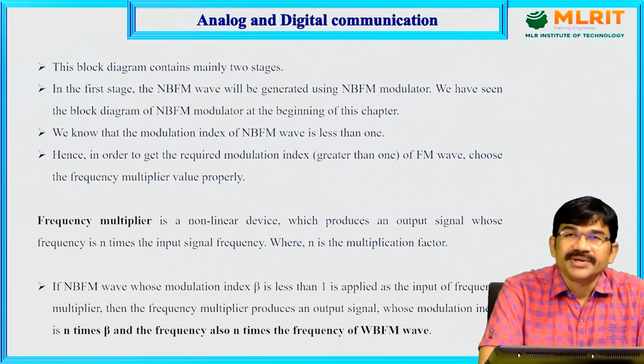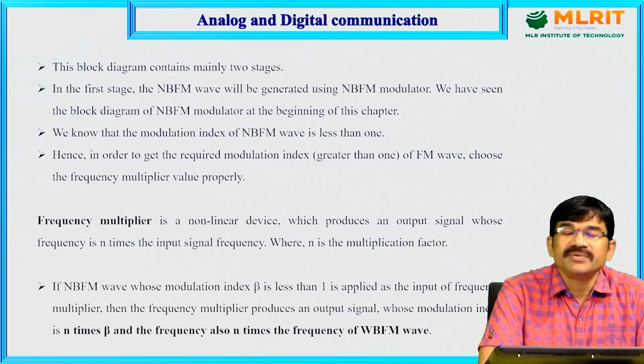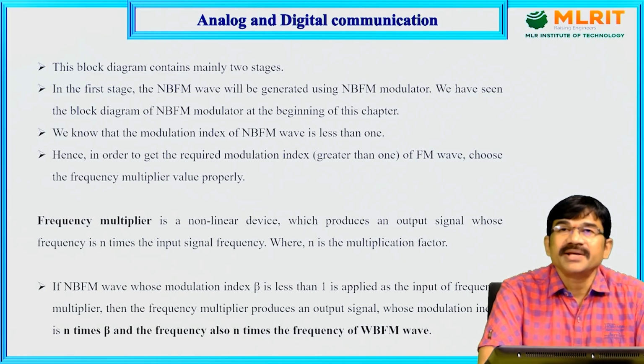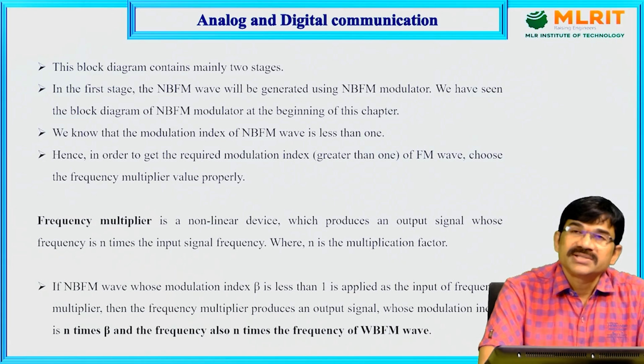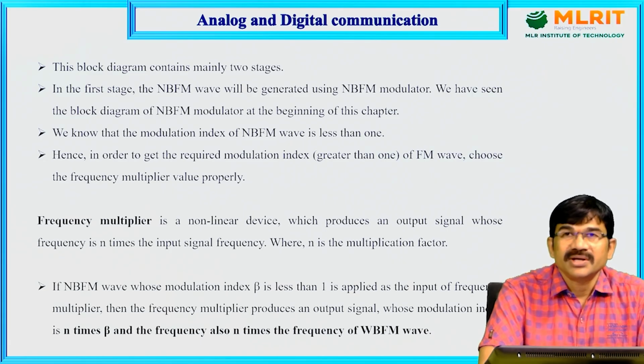The direct method of generating wideband FM is by using the voltage controlled oscillator, which works as per the definition of frequency modulation. The definition of frequency modulation is that the frequency of the carrier varies according to the instantaneous values of the amplitude of the modulating signal. In the voltage controlled oscillator also, the output is proportional to the input voltage.